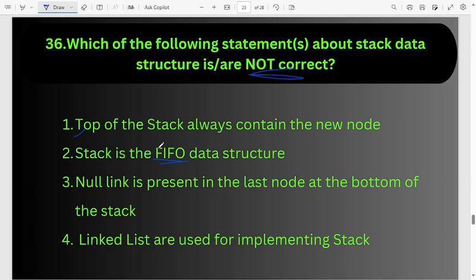Stack is LIFO, not FIFO. So this is the right answer. The question is, which is not correct? Stack is basically LIFO, not FIFO. So the correct answer will be the stack is the FIFO data structure, which is wrong. The stack is a LIFO structure. Last in, first out. Sorry for this.